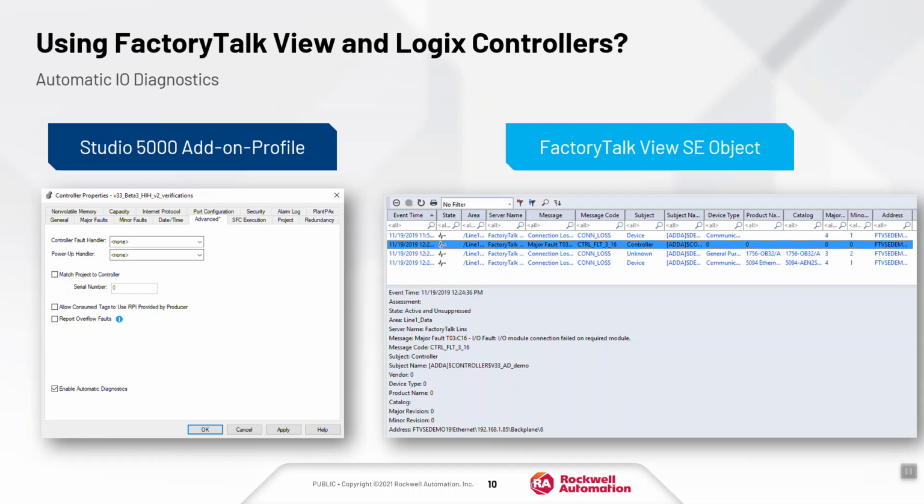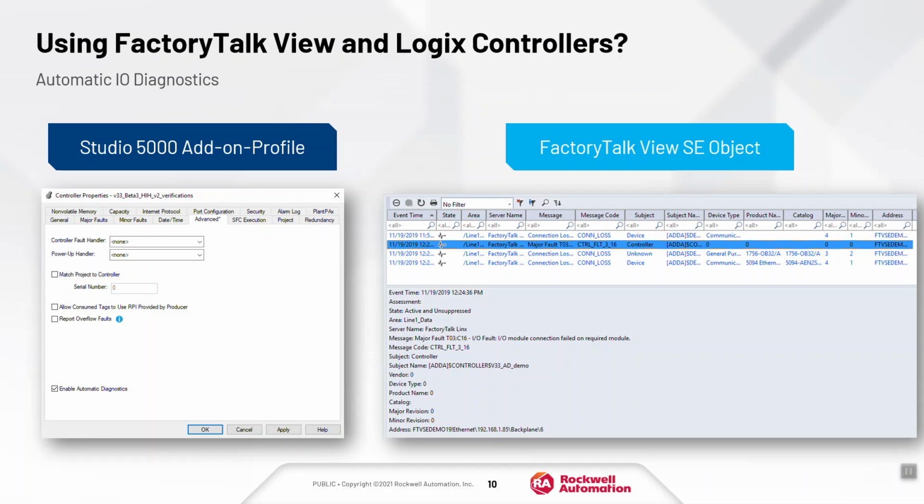One other thing from an automated diagnostics perspective is we've just recently introduced this capability called automatic IO Diagnostics. So if you are leveraging FactoryTalk View, like version 12 or higher, and you're using version 33 of Studio 5000, we can, in this case, navigate to the controller add-on profile.